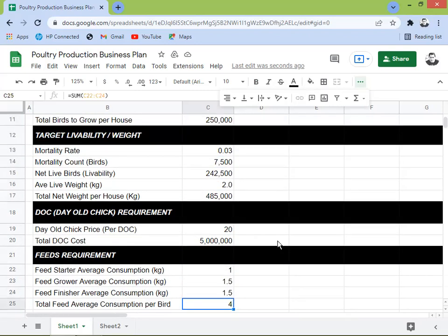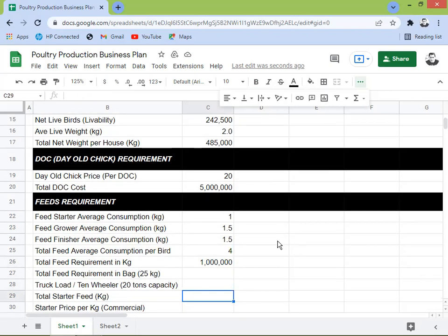Remember, we're just calculating one house here, and then we're going to copy this down to the right, up to house number 10. We're just doing calculations first on the first house.